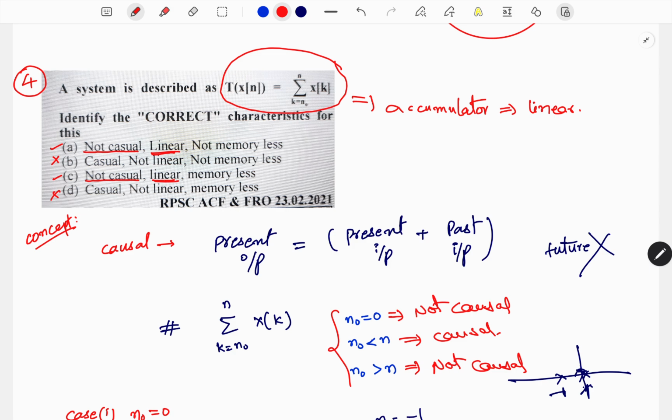Now we will go for the memoryless system or memory system. If we decide this one as memory or memoryless, we can conclude which option is correct. So we will see the concept for memory system characteristics.